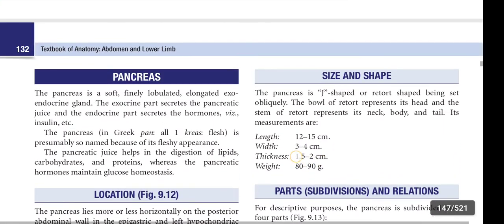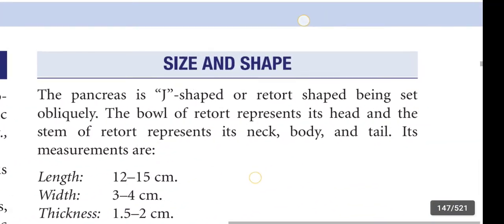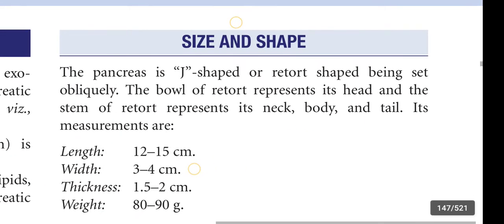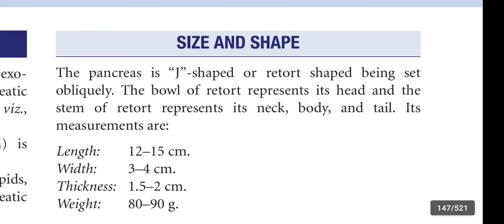Next, size and shape of the pancreas. Pancreas is J-shaped or retort-shaped, being set obliquely. The bowl of the retort represents its head and the stem of the retort represents its neck, body and tail.